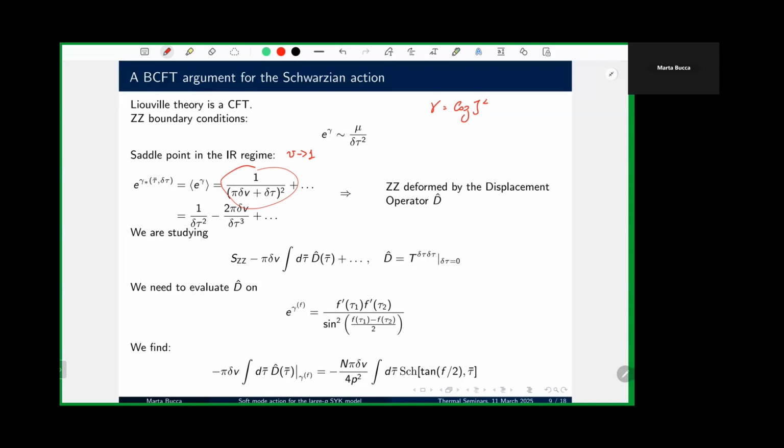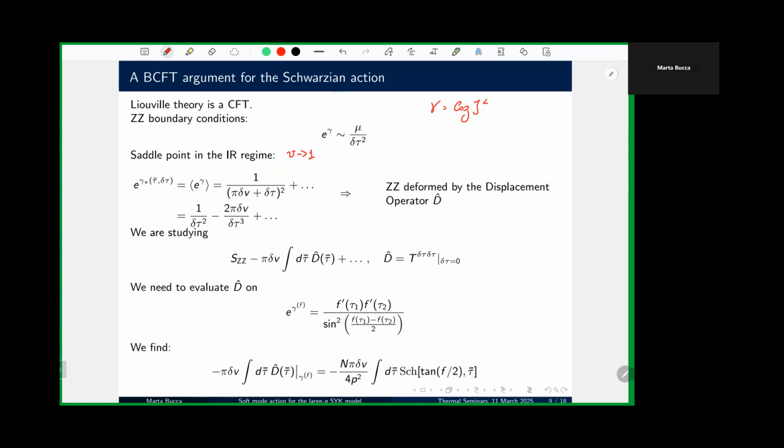So this is almost this boundary condition, because you have this 1 over delta tau squared behavior. If you expand further, you get 1 over delta tau squared minus something. So 1 over delta tau squared is simply the ZZ boundary conditions where you set mu to be equal to 1. And so you can interpret this as having ZZ deformed by some operator.